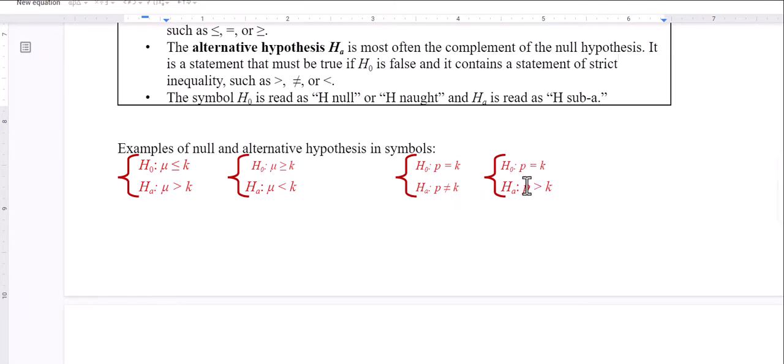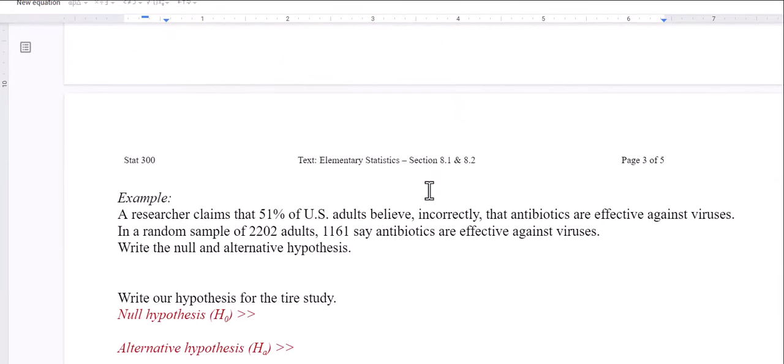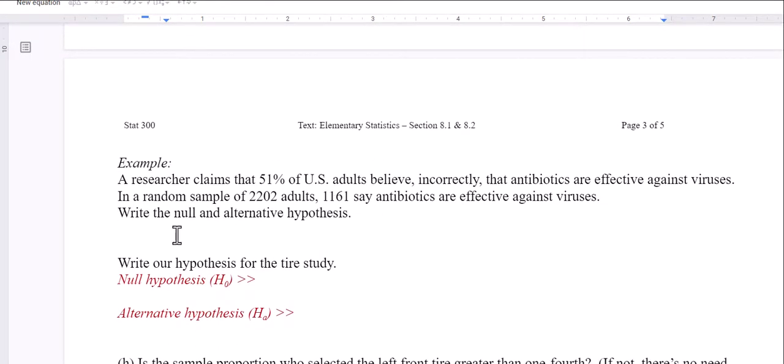So I don't want you to think it's a direct opposite. It doesn't have to be the direct opposite. Complement could mean different things. So for P equals K, the complement is just that P does not equal K, but P could be greater than K, P could be less than K, as long as it's not equal to K. Hopefully that makes sense.